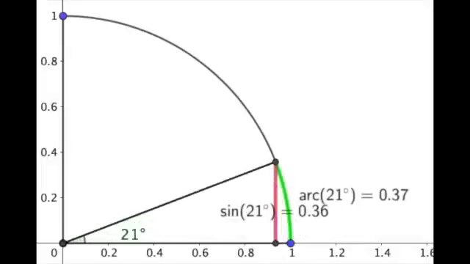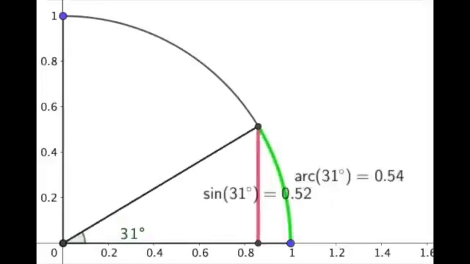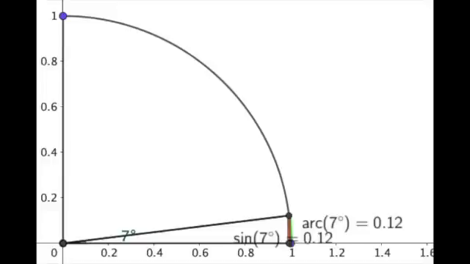Even when the angle is sort of big, 23 degrees, they're still really close together. But for small angles, they are practically equal. And the closer the angle gets to 0 degrees, the more equal those two things are. So that's going to be used when you see sine theta is approximately arc theta. That's what we're talking about.